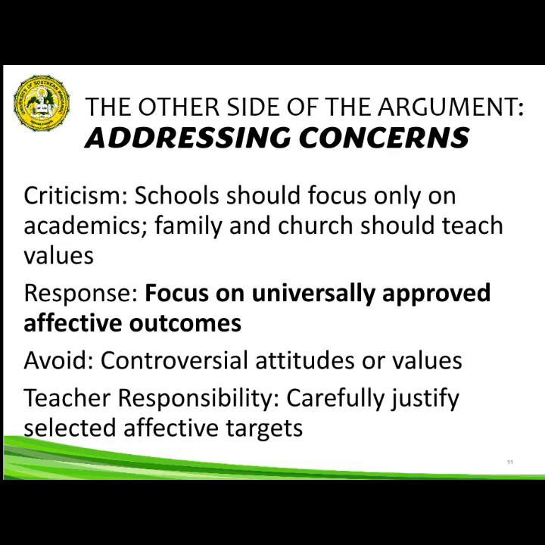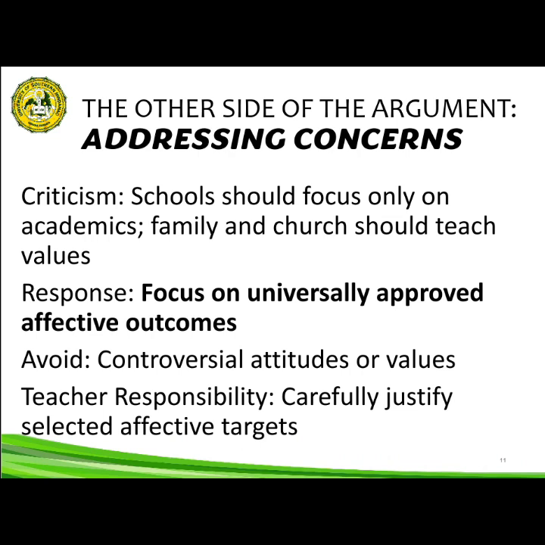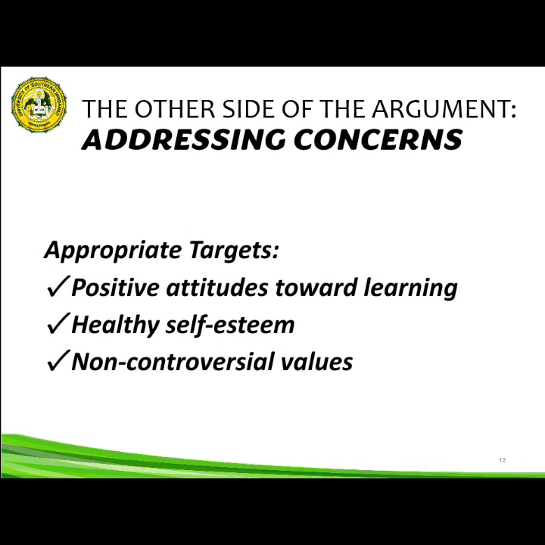So we should avoid controversial values and instead target things everyone can agree on, like a positive attitude toward learning and a healthy self-esteem. As future teachers, it's our responsibility to carefully select and justify the affective targets we choose to measure.